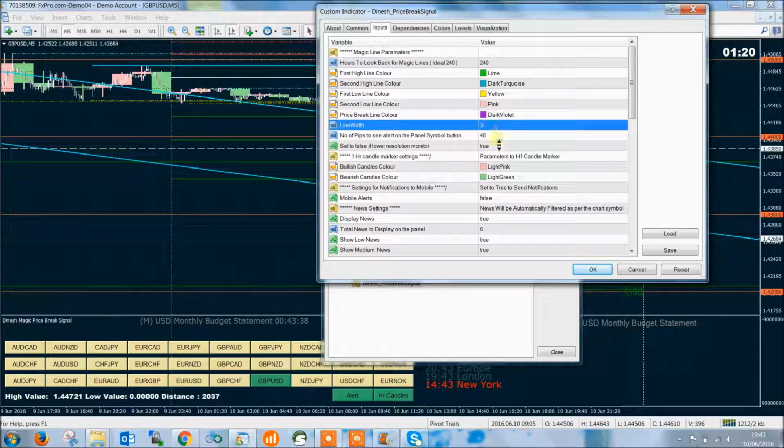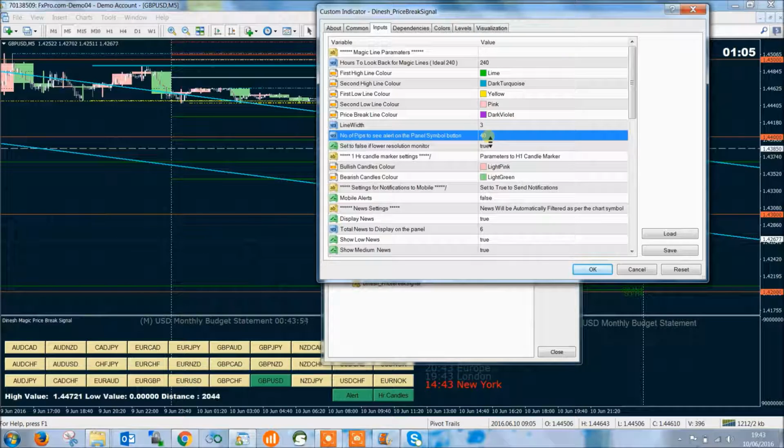So what happens is, once the price is approaching the barrier, the first high line or second high line or first low line, then the color changes to tomato. That means if you say 50 pips, and the difference between the price and the first high line is 50 or less than 50, then the button changes to tomato. So that is how it is, the 40.